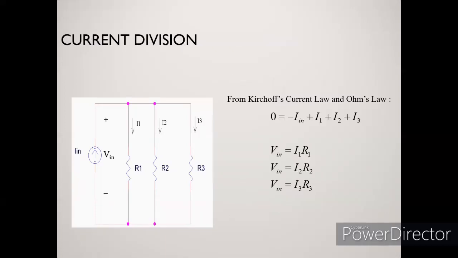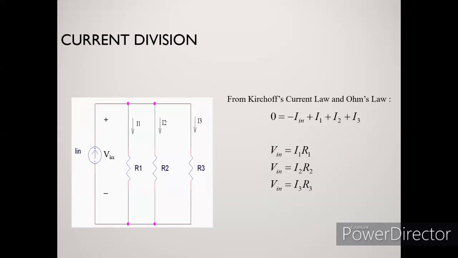Just like in voltage division, we can do the same in current division, where we use Kirchhoff's current law together with Ohm's law. Kirchhoff's current law states that the total current entering a node must equal the total current exiting the node, for example I in equals I out.